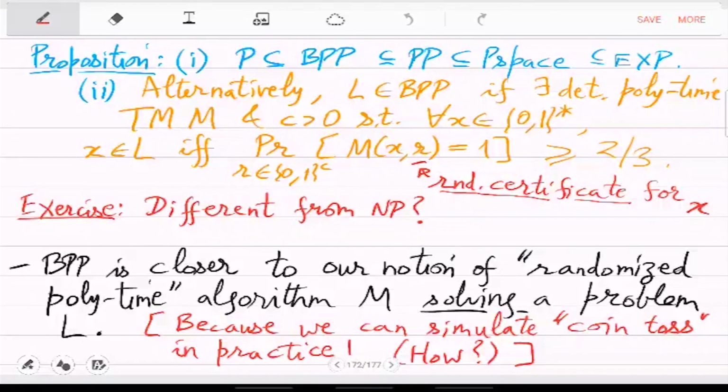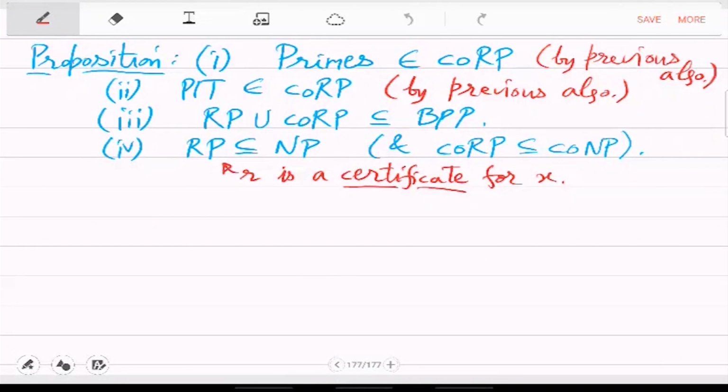Just by finding an r such that M(x, r) is 1, you are not really sure whether x is in L, whether x is a yes string. So it didn't really mean that it's in NP.